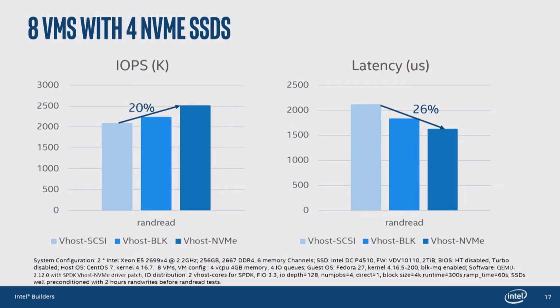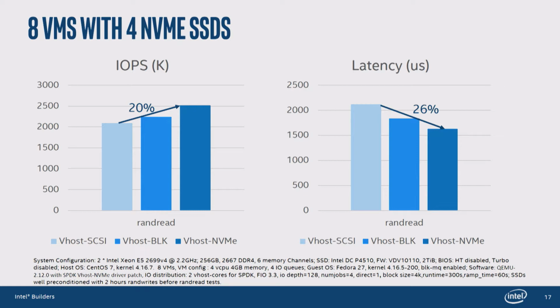and also so many QEMU exit events happen for this solution. Another test case with this solution: I started 8 VMs with 4 NVMe SSDs. Here, I just collected the three vhost solutions. The first one is vhost SCSI, then vhost block, and the last one is vhost-NVMe.